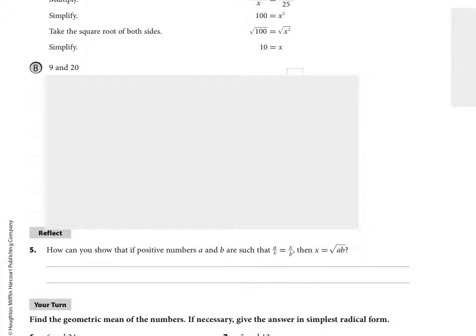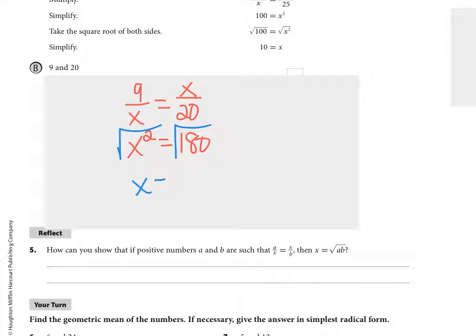So let's look at the next one. It says find the geometric mean of 9 and 20. So 9 is to x as x is to 20. So I get x squared equals 180. And if I take the square root of both sides, I get x equals the square root of 180.